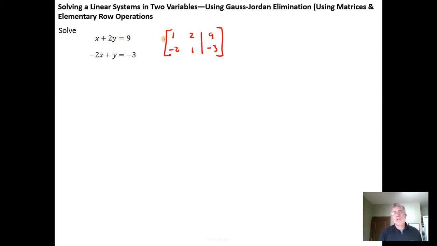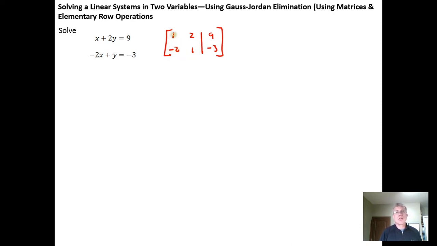And in reduced row echelon form, we need a leading 1 in the first row, and we already have that. So remember, when we have a leading 1, to have reduced row echelon form, everything in the same column has to be a 0. So I need a 0 in this position.